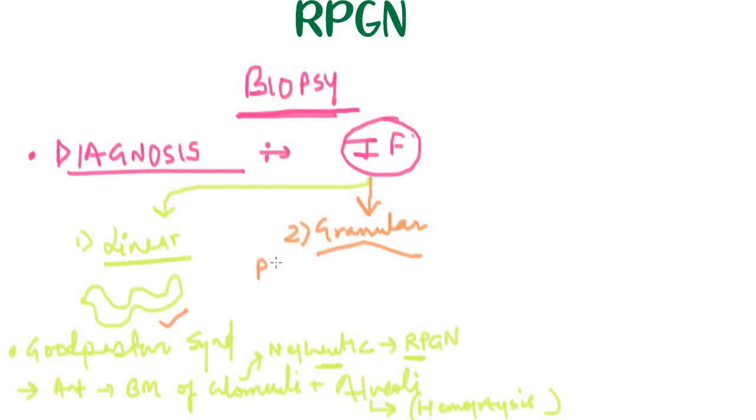Now if we get granular immunofluorescence, there may be two conditions. It may be post-streptococcal glomerulonephritis, a cause of nephritic syndrome, which I have covered in one of my videos. You can check it out.